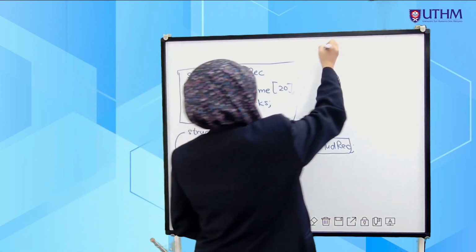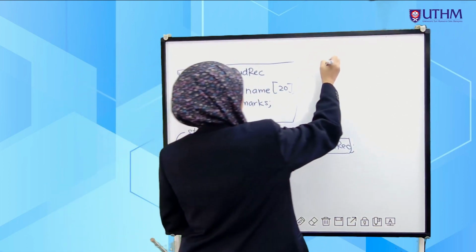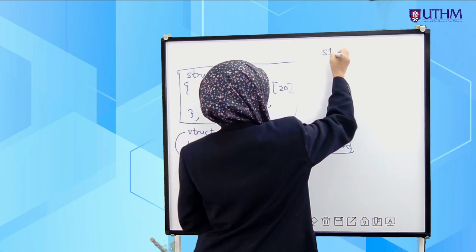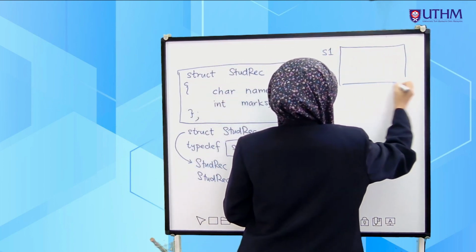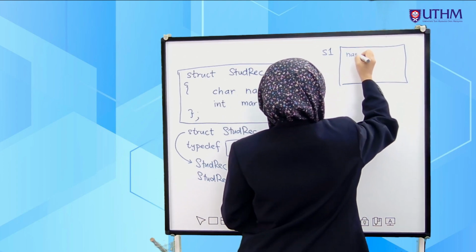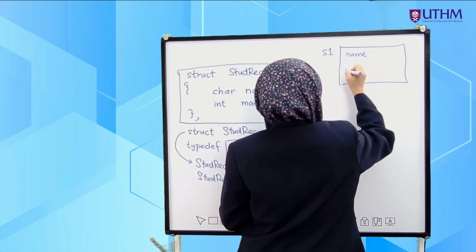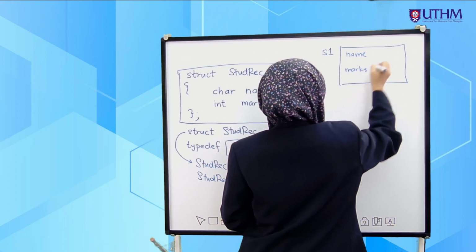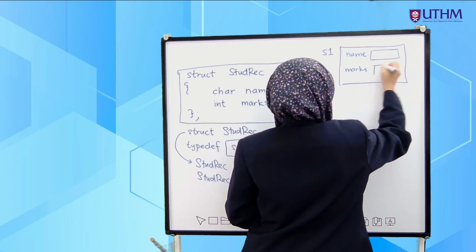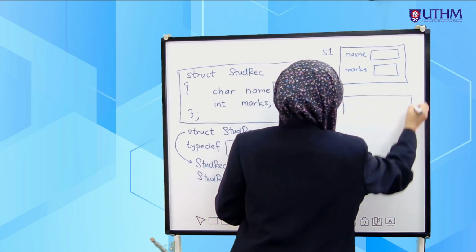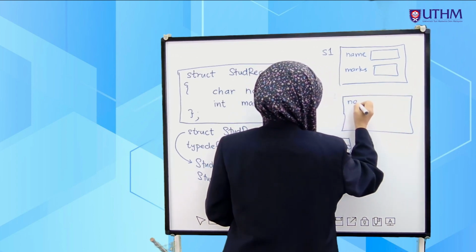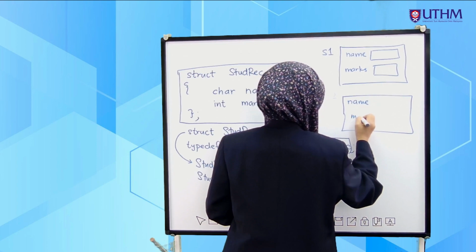So what happened here? I have S1, which has two members, name and marks. S2, name and marks.